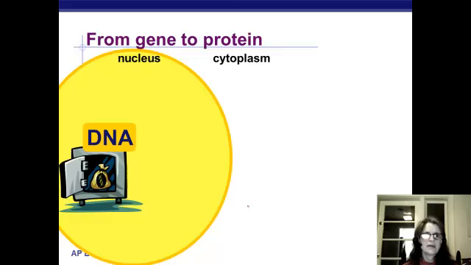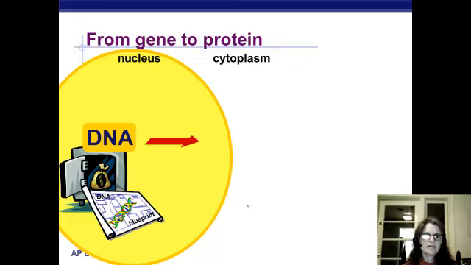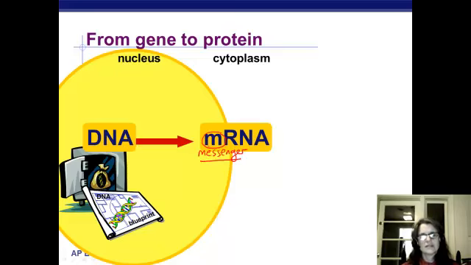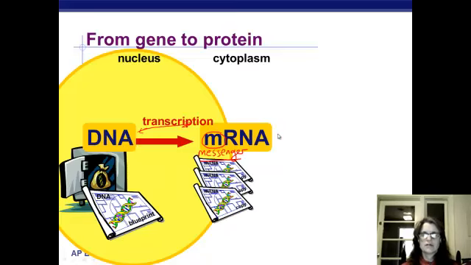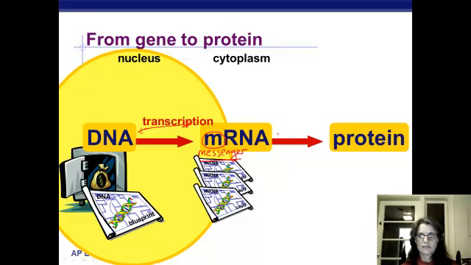All right, so in the nucleus then, we're going to have our DNA, and we are going to make something called mRNA, and as you might remember, the M stands for messenger, because this is going to be acting as the messenger, taking the genetic message from this DNA molecule and sending it out into the cytoplasm, where it will be used to give the instructions for making the protein, which is ultimately what we want.